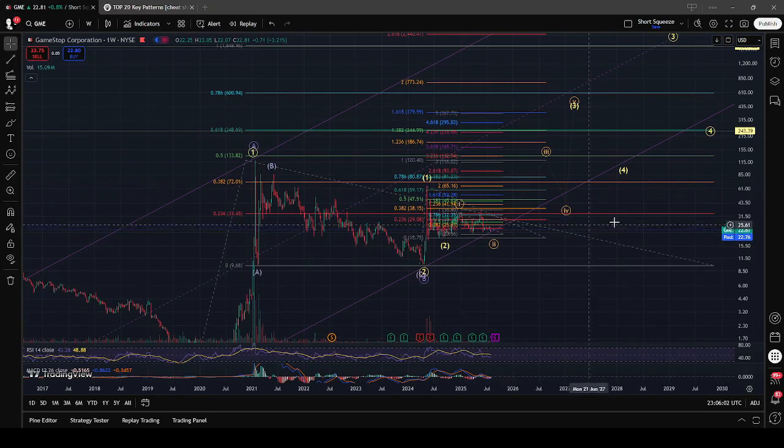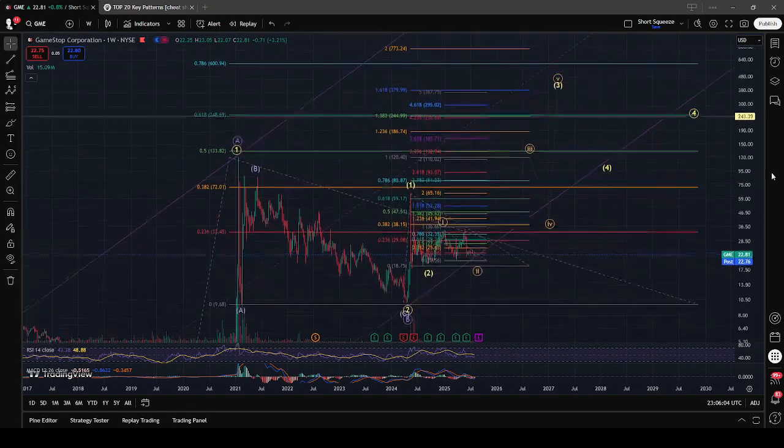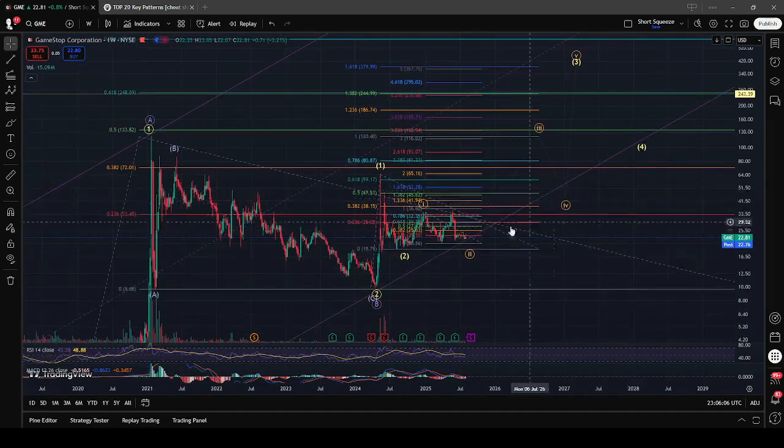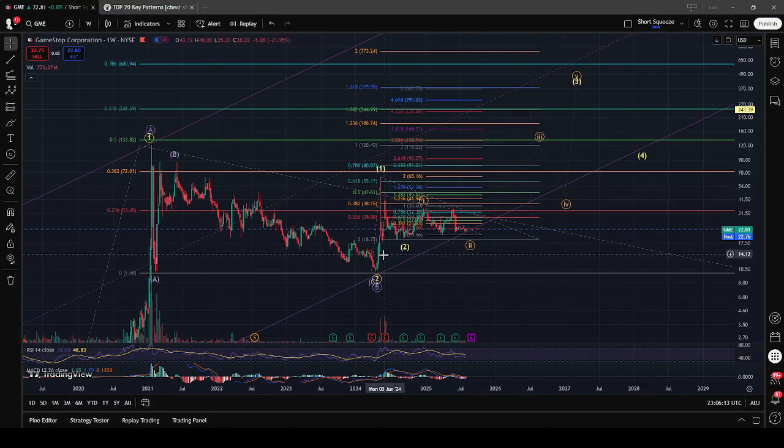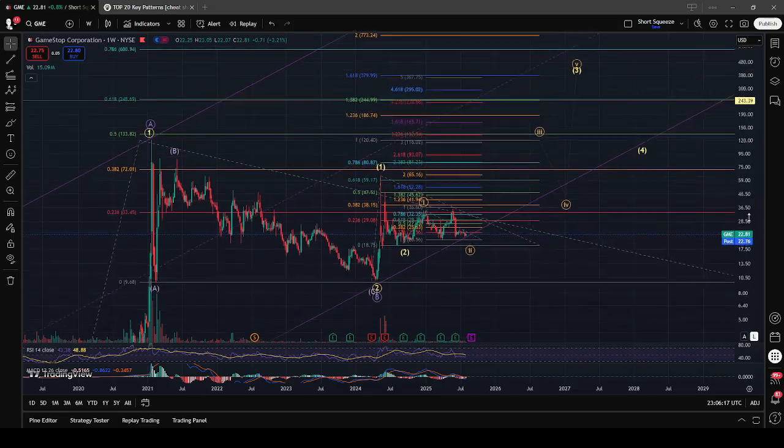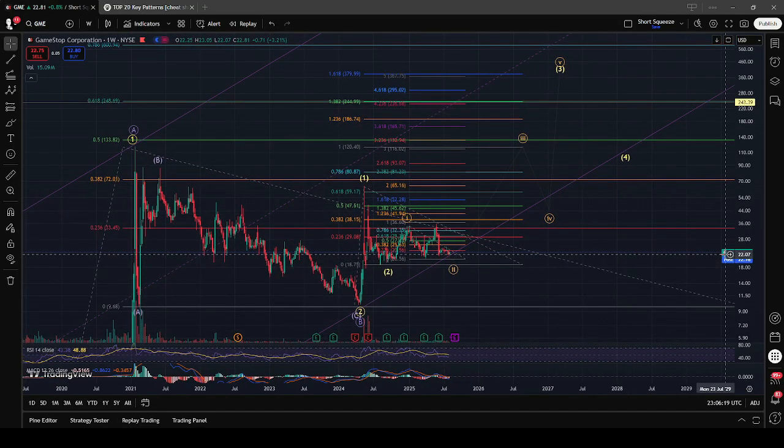Tell me, how can you not be bullish with this? The least, if I am correct and this is an ABC, it would go from $22 as of today up to 240 whatever, around 240.